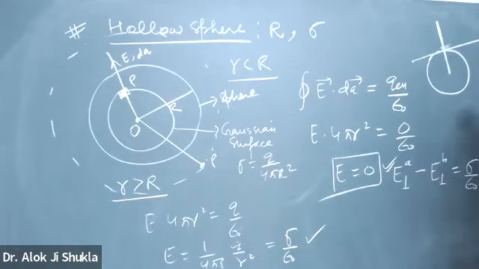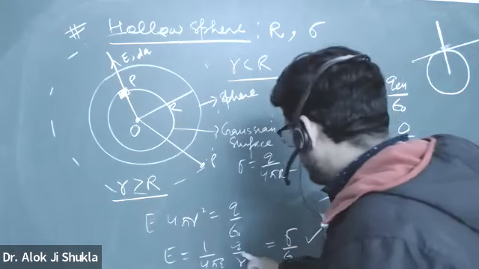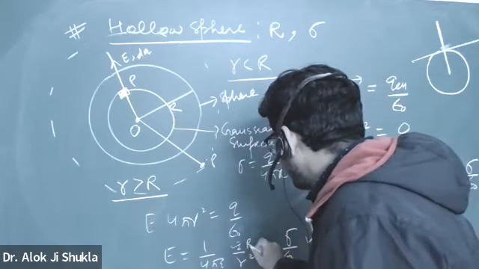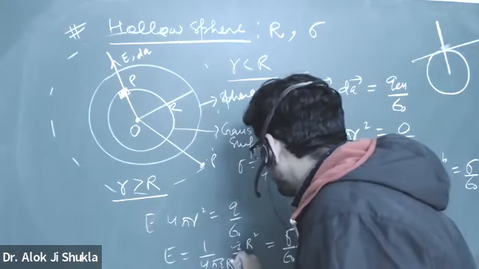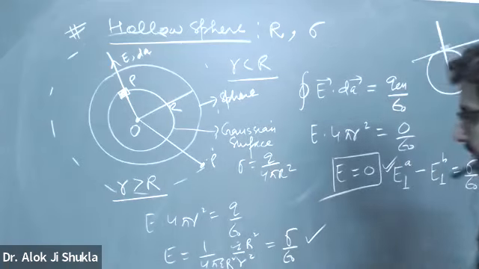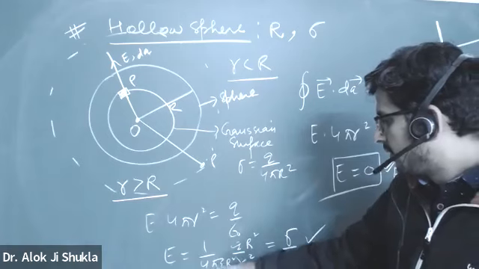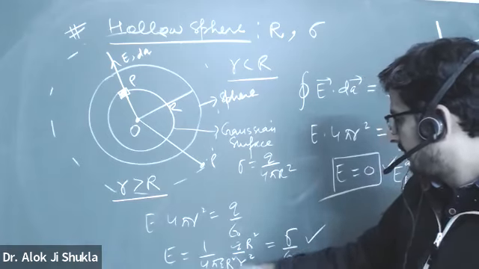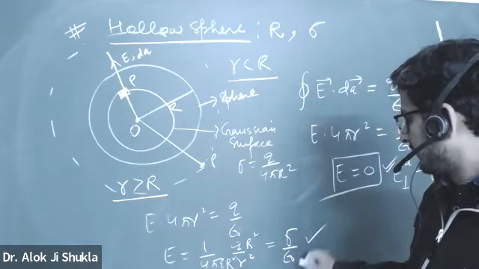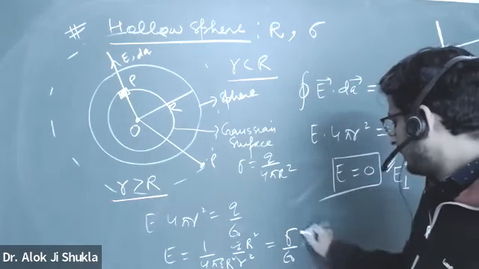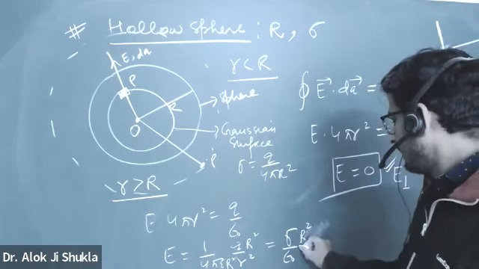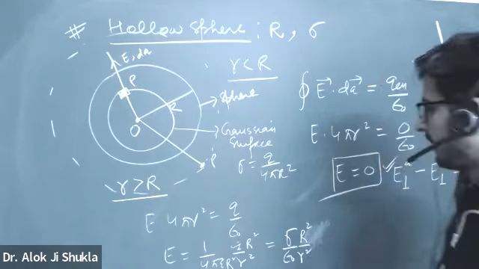तो यहां पे भी देखो अबव. आई एम सॉरी ये क्यू बाय आर स्क्वायर लिखना पड़ेगा ना. R square. So Q by 4 pi R square will become sigma, and it will become sigma R square by r square. Okay.